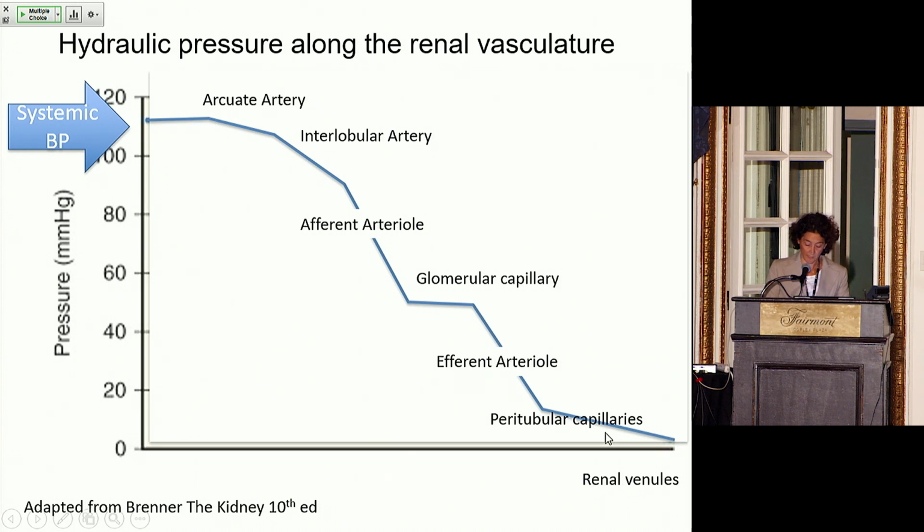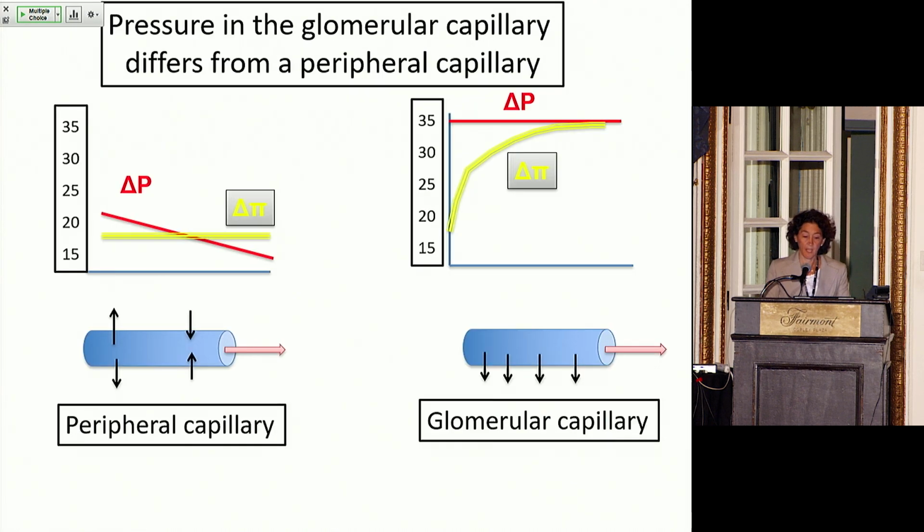And then we get down to the peritubular capillaries. Now, the pressure in the glomerular capillaries is quite different from an ordinary capillary, and you can see that on your right. So the glomerular capillary has pressure way up at, say, about 35 millimeters of mercury, whereas over on the left in the peripheral capillary, much, much lower. And the other thing is that the capillary pressure is fairly constant from the afferent to the efferent side, and that's with the help of the efferent resistance vessel.